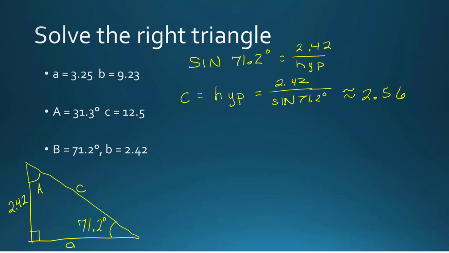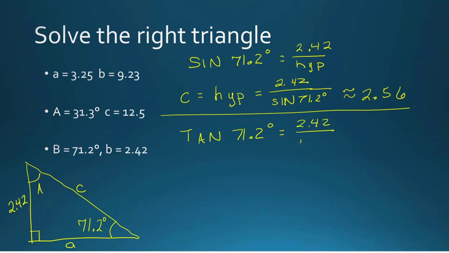Okay. And then we're looking at the other one. So that was opposite over hypotenuse. We can do opposite over adjacent, so that's tangent. So let's just do tangent of 71.2.